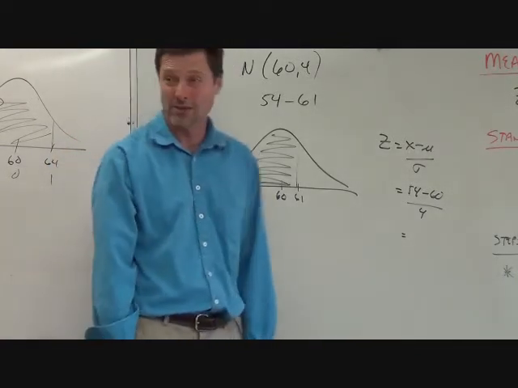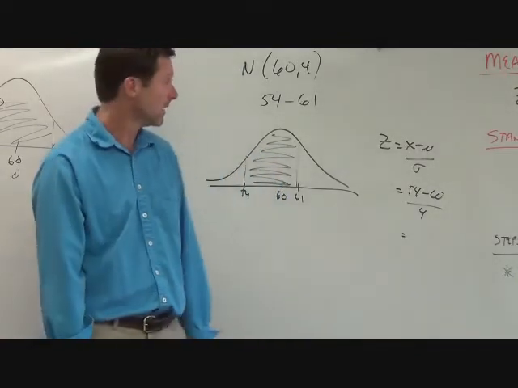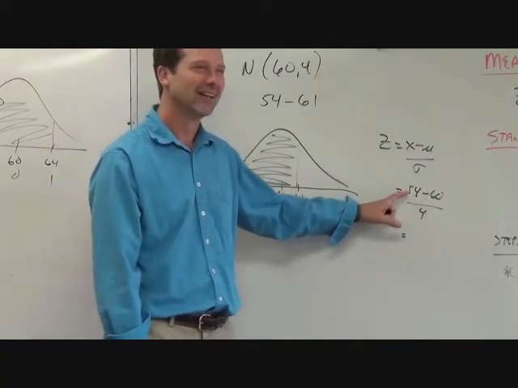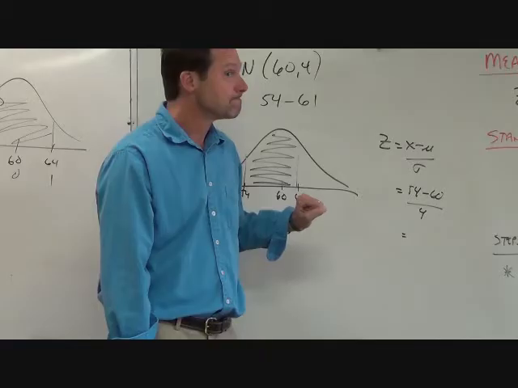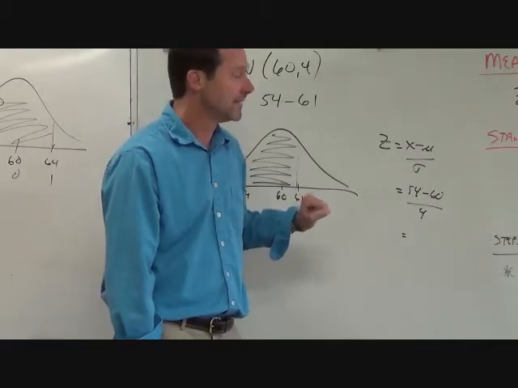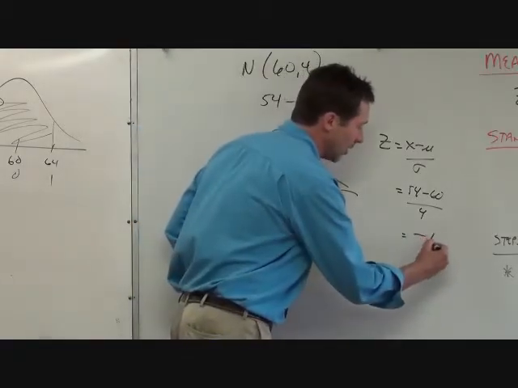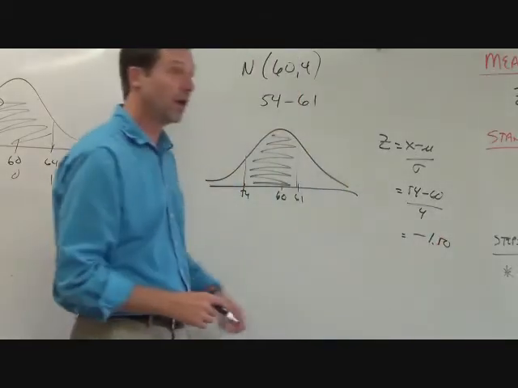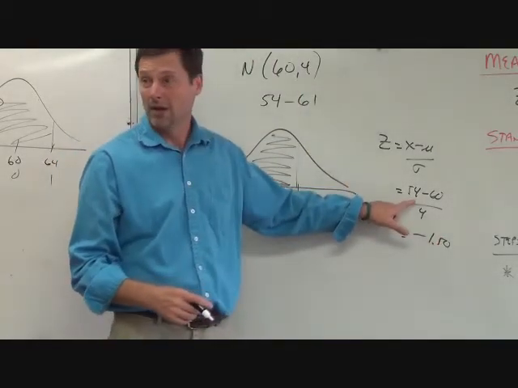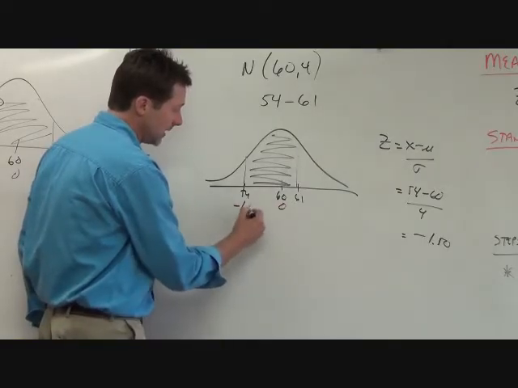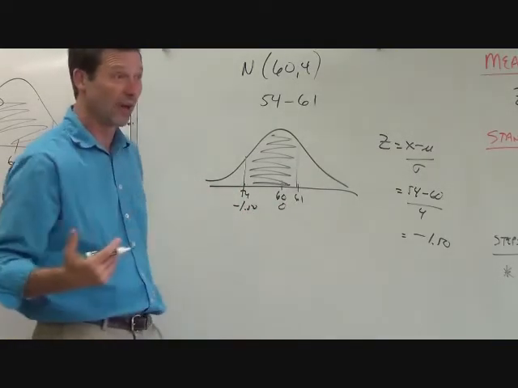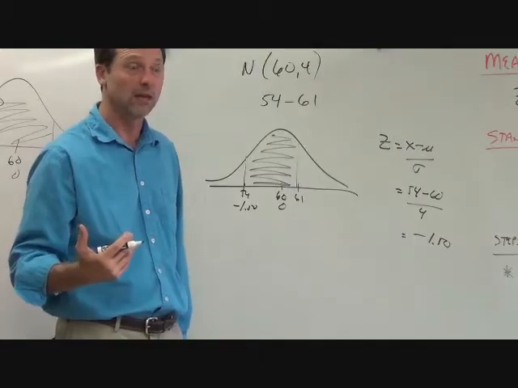First of all, is this going to be a positive or a negative number? Negative 1.50. Okay, right? We're below the mean, aren't we? So right down here, I'll put 0 at the mean. This is negative 1.50. We're negative 1.5 standard deviations from the mean.